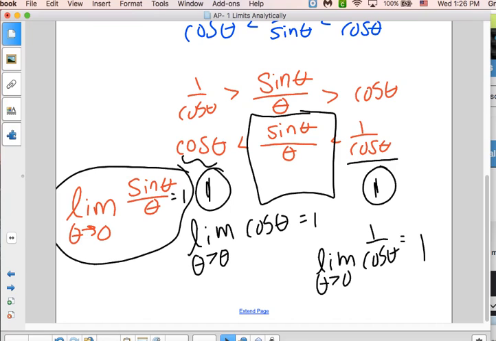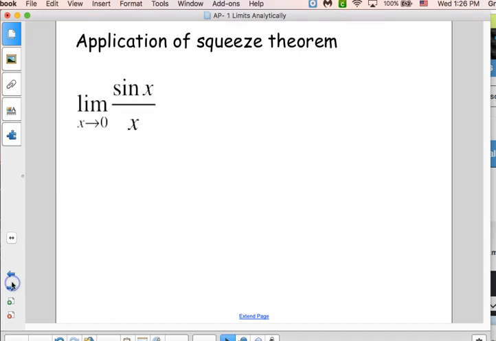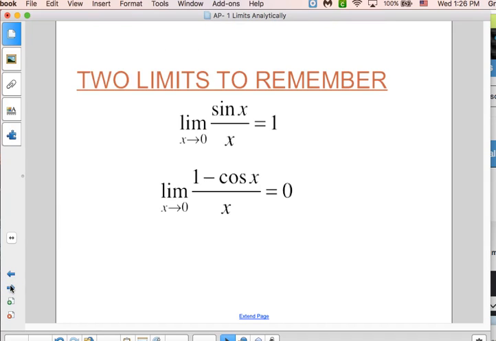On this gold sheet, there are two limit identities in a way. These ones you should just glue in. These are two that when you see them, you just write your answers. So the two limits to remember.